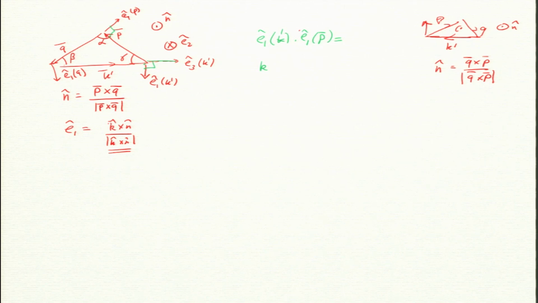Now if I bring E1 P here, what is the angle between E1 P and E1 k prime? This angle is the same as this angle. They are only offset by 90 degrees, both of them rotate by 90 degrees, and these are in a plane. So this is nothing but E3 k prime dot E3 P.